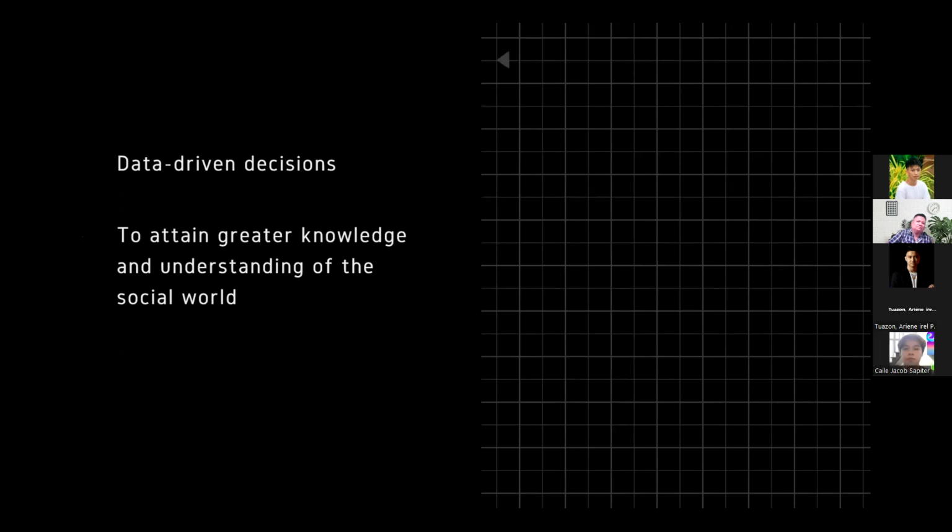Data-driven decisions. Quantitative research methods provide empirical evidence to support decision-making. The use of statistical methods allows researchers to identify patterns and relationships in the data, which can be used to guide policy decisions and interventions.